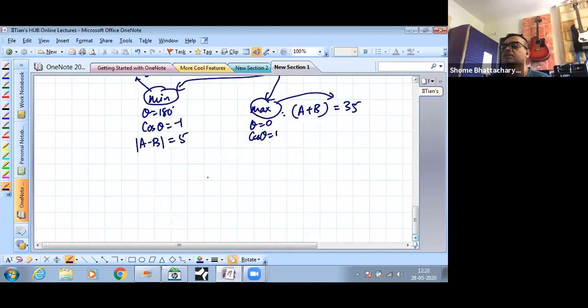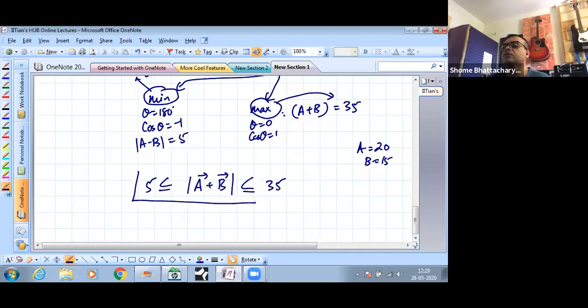So this is showing us that the magnitude of A plus B, for any value of theta, cannot be greater than 35 and cannot be less than 5, because it is given to us that A is 20 and B is 15. So now we can say the same about C. Therefore, the magnitude of C lies in that range.